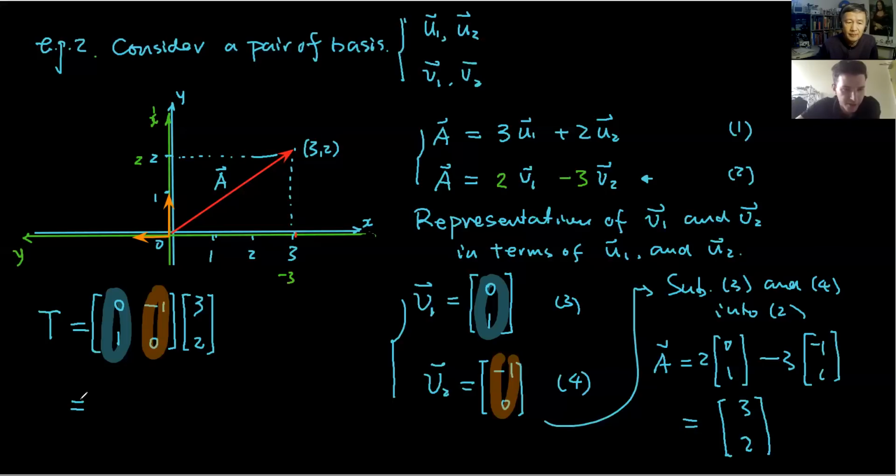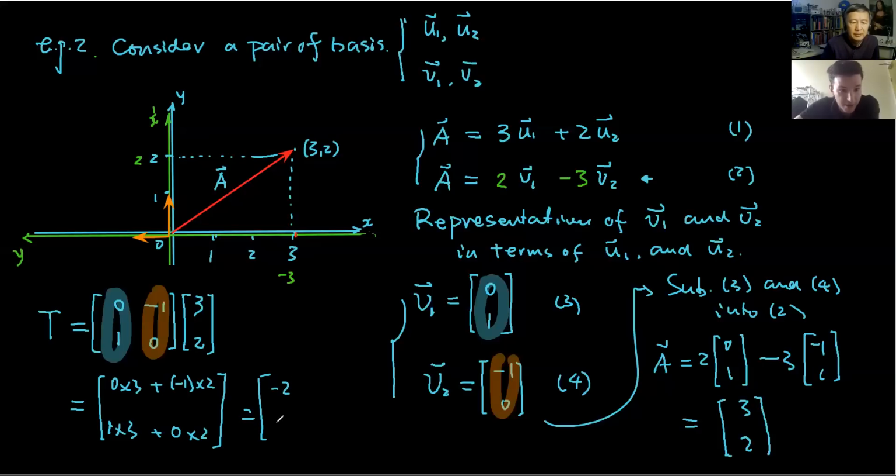So it's the vector 0, 1 multiplied by 3, so 0, 3, plus negative 2, 0. So 0 multiplied by 3 plus negative 1 multiplied by 2, and 1 multiplied by 3 plus 0 multiplied by 2. So you got negative 2, and positive 3.